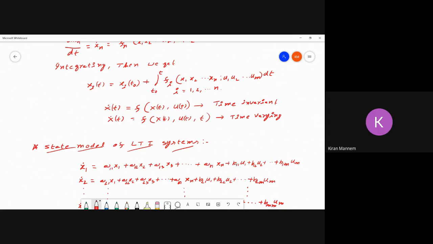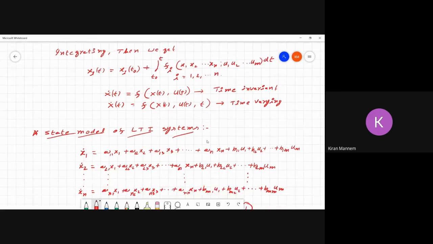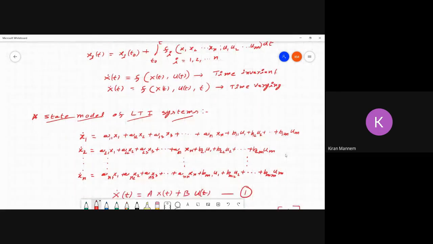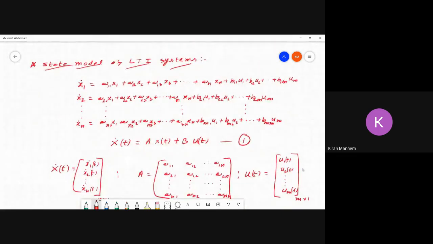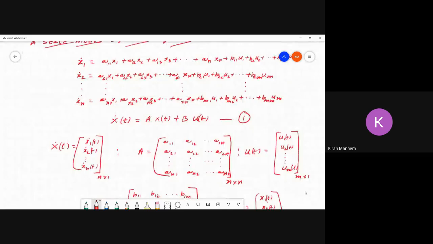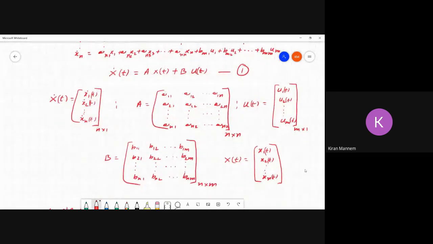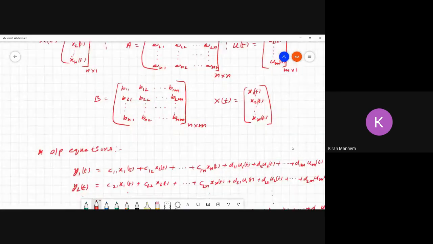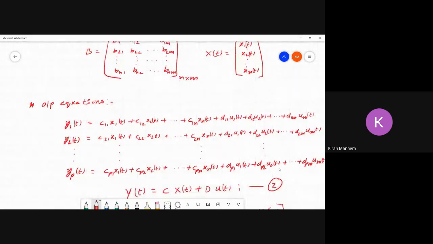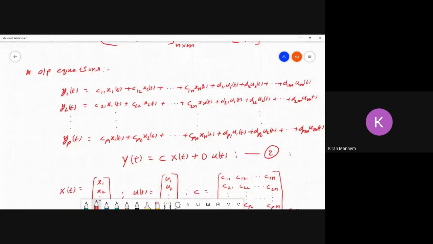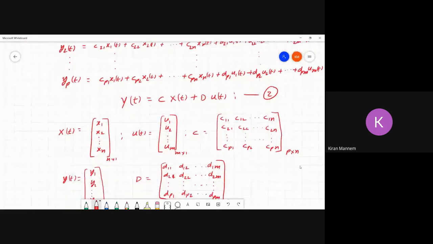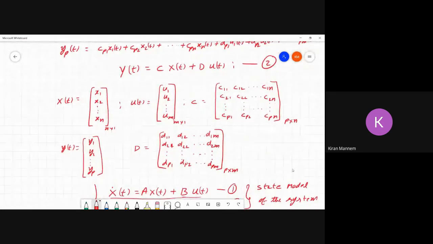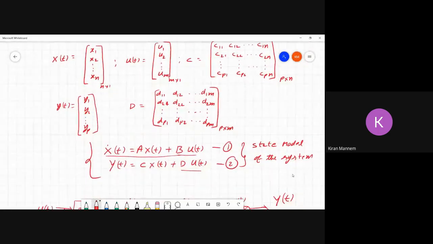So since it is an LTI system, instead of a function, it must be linear combinations of state variables and input variables. And then we wrote the matrix equations. Then we found the output equation. Again, it's a function of state variables and input variables, and we represented it in matrix form. And equations 1 and 2 together are called the state model of the system.